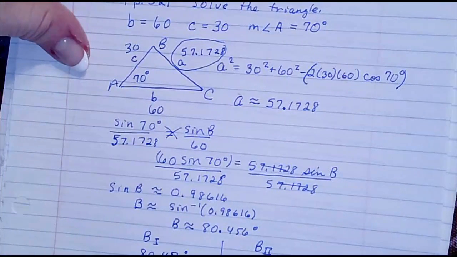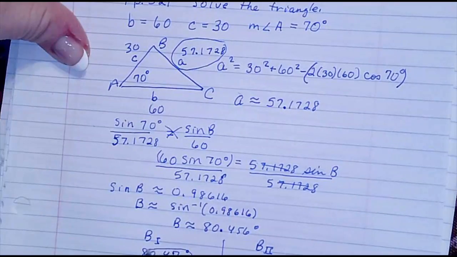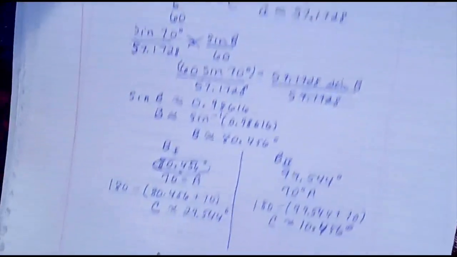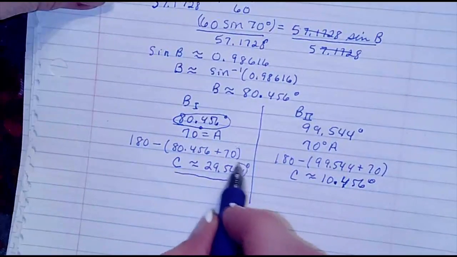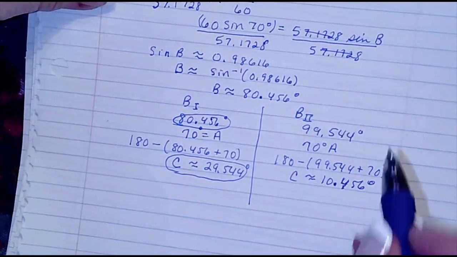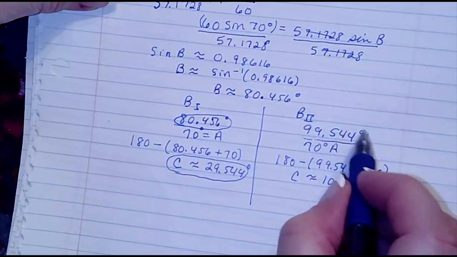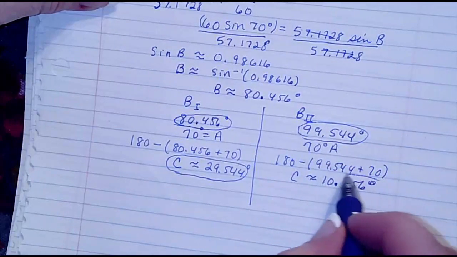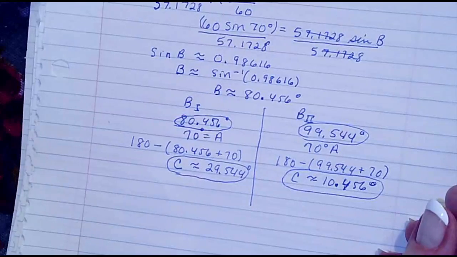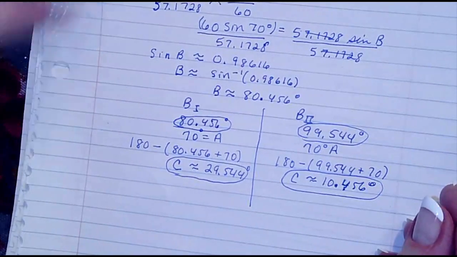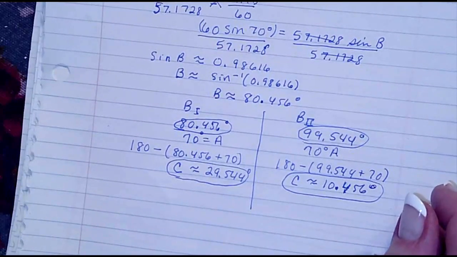And we now have B and we have C. So B would be here, and C would be here. That was first quadrant. And then on this one right here, B would be here, and C would be here. Okay, so that's number 14.